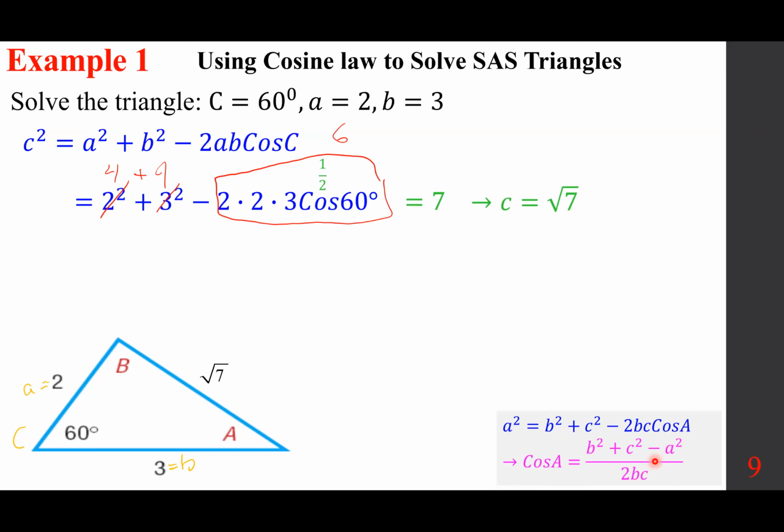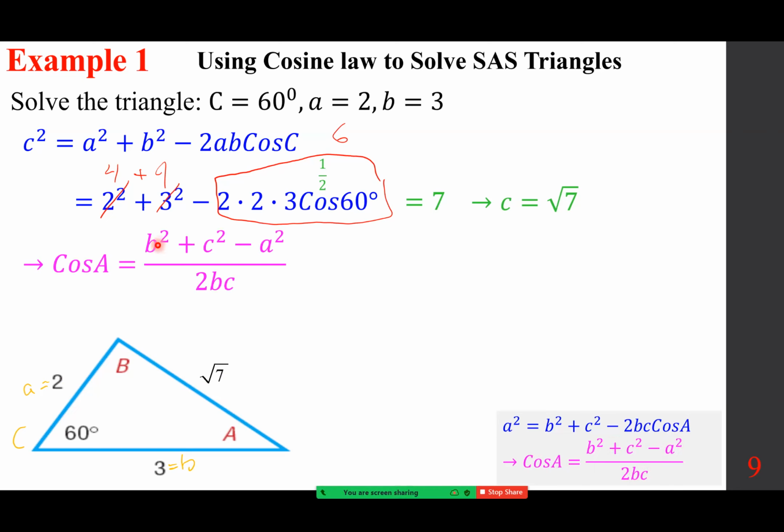But specifically, when you continue with cosine law, we plug into this formula: b squared, 3 squared, is 9; c squared is 7; minus a squared, 2 squared, is 4; over 2 times b, which is 3, times c, which is the square root of 7. So we just plug in. As you can see, 9 plus 7 minus 4 is 12. This is 6 square root of 7.